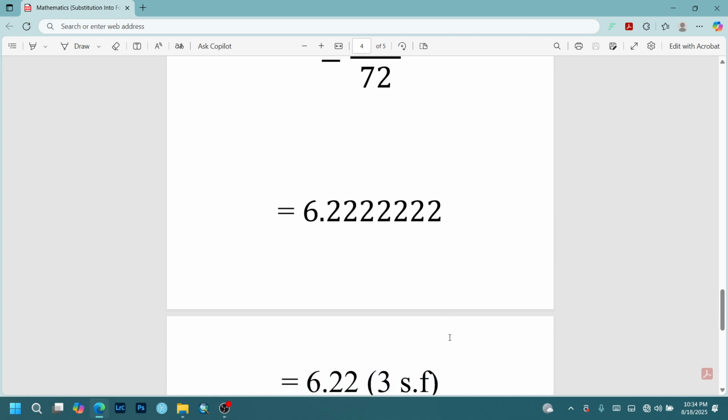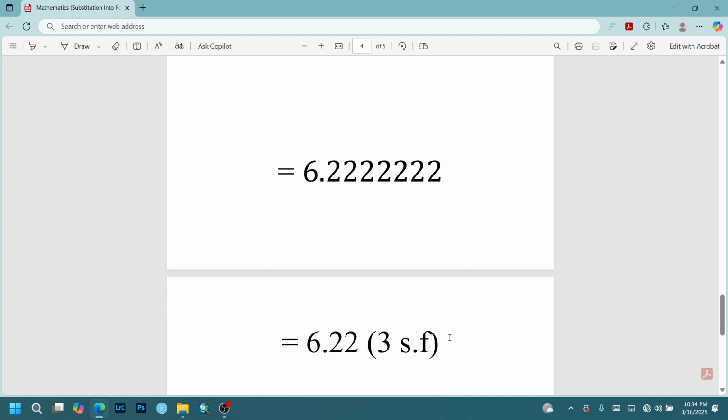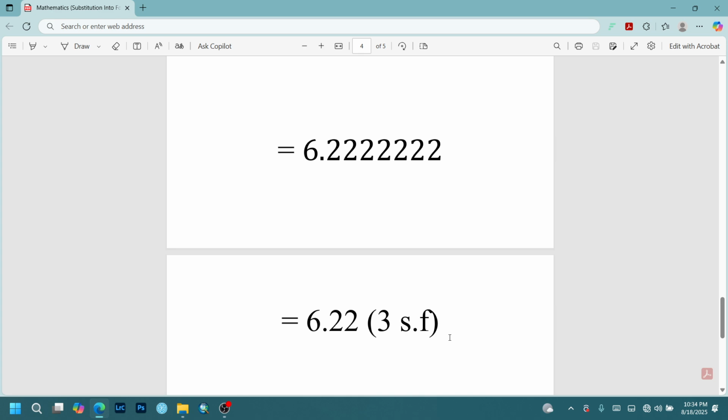So based on the preamble of our question, we are asked to leave our answer in three significant figures. So in leaving our answer in three significant figures, we are going to have our final answer to be 6.22, right?